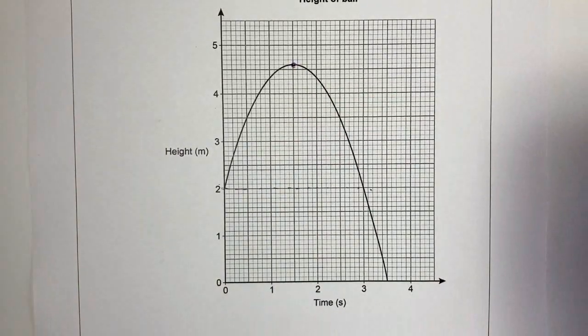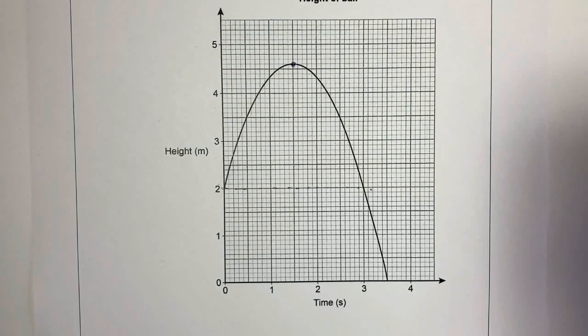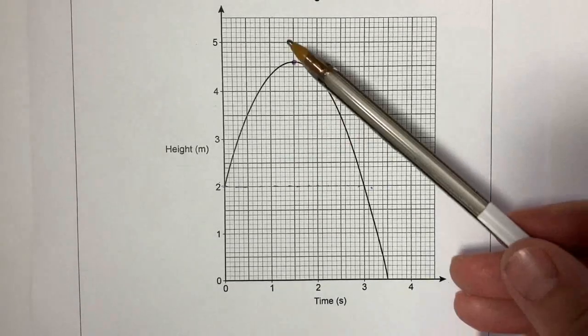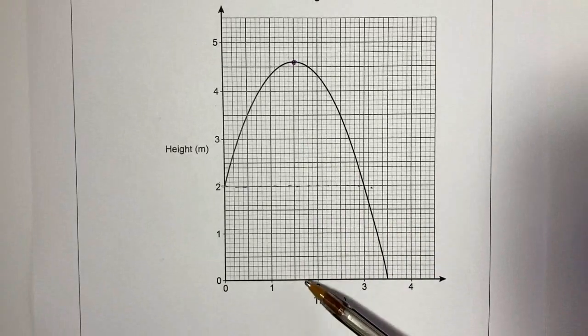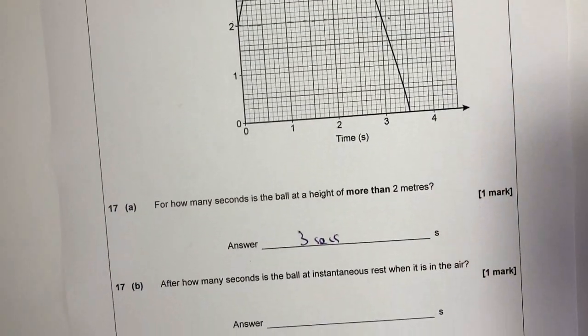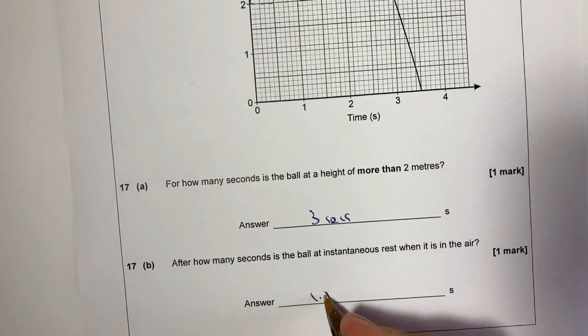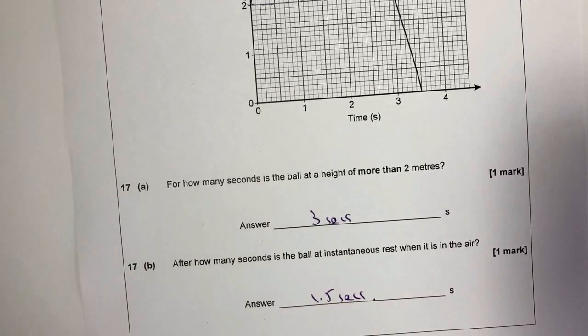At this point, the ball has reached the very top of the throw, and then it's going to start coming back down to earth again. Hopefully you'll be able to see that that is 1.5 seconds. So 1.5 seconds. All right, no problem.